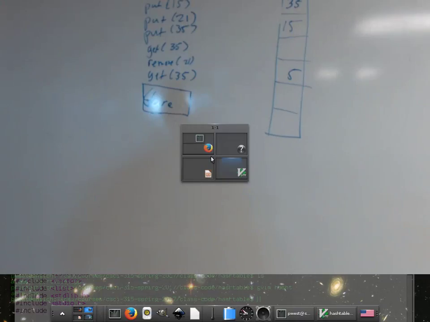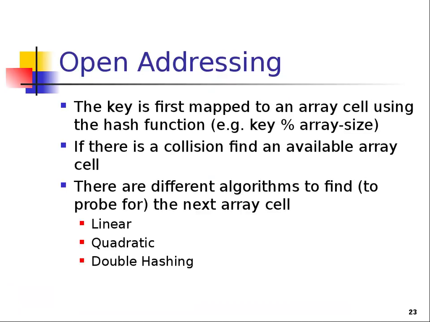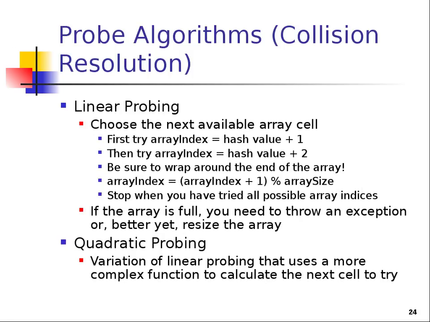Double hashing is if it fails the first time, hash it again with something else. Come up with a second hashing function. So linear probing: choose the next available array cell. Be sure to wrap around the end of the array. If the array is full, you need to resize the array.